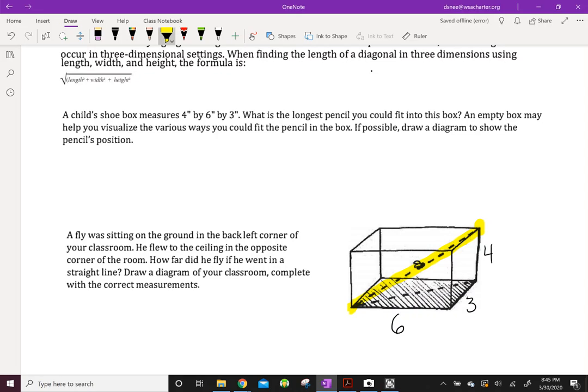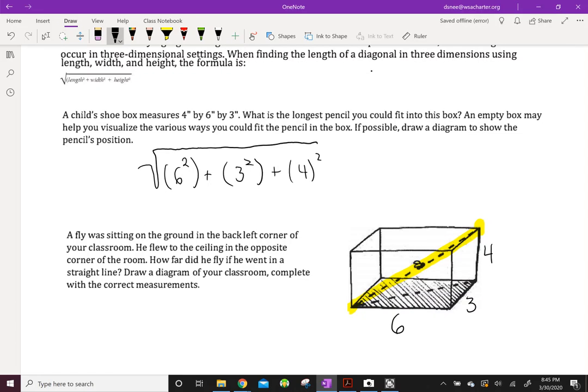And the way we're going to find that, as I just mentioned, we're going to take the square root of the length squared, which is 6. So I'm going to do 6 squared, and I'm going to add the width, which is 3 squared, and I'm going to add the height, which is 4 squared.